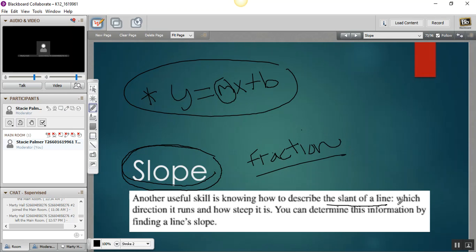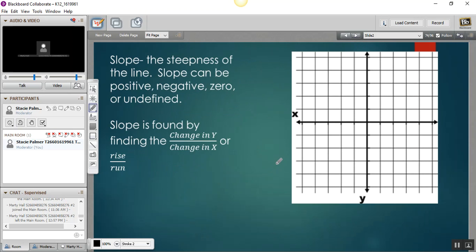And slope tells us which direction the line runs and how steep it is. So the steepness of a line, that's what slope is. Slope can be positive, it can be negative, it can be 0, or it can be undefined.